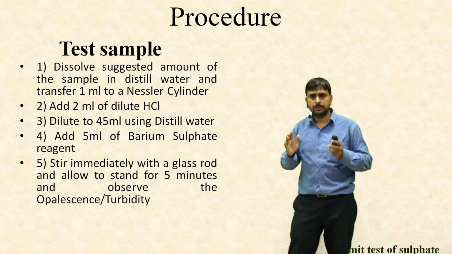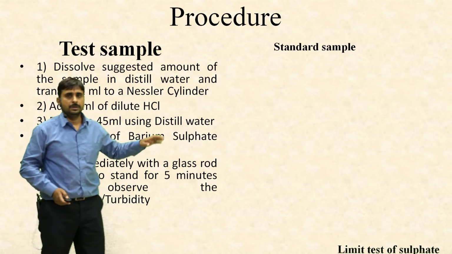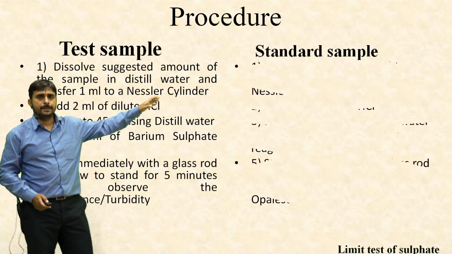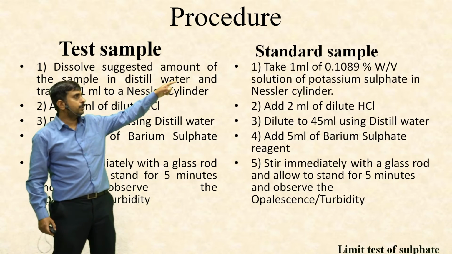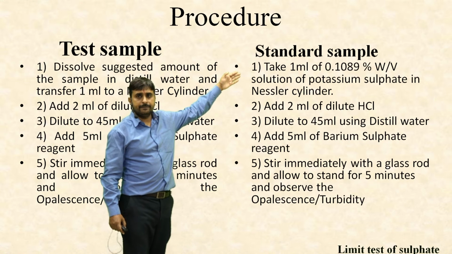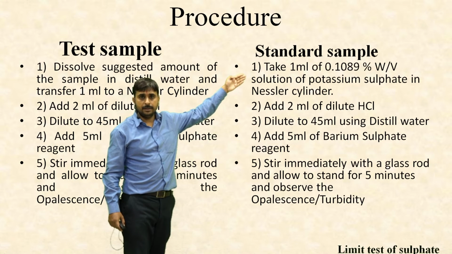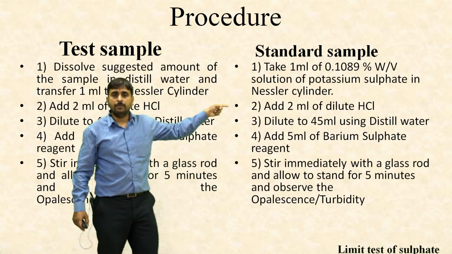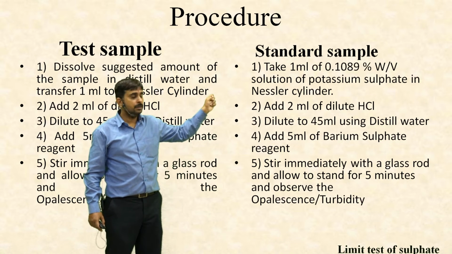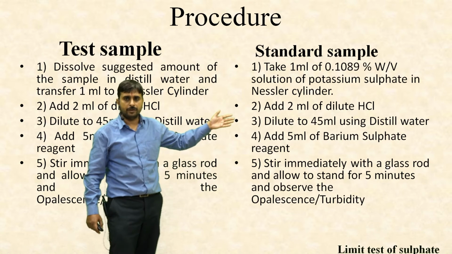Now, we will move towards the standard sample. For the standard sample, we take about 0.1089% weight by volume solution of potassium sulfate in a Nessler cylinder and add 2 ml of dilute HCl. We add water to make the solution up to the 45 ml mark; about 41 ml of water will be required.